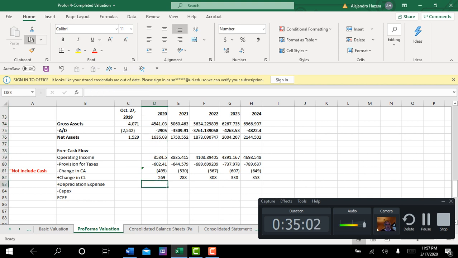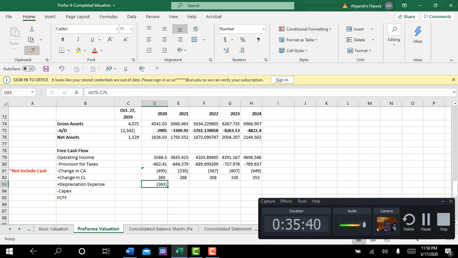Our depreciation expense is going to be the difference between the accumulated depreciation for one year and the accumulated depreciation for the previous year. Okay, so let's see what we get. Our depreciation expense for 2020 should be equal to the 2020 accumulated depreciation minus the 2019 accumulated depreciation, and that gives you 363.